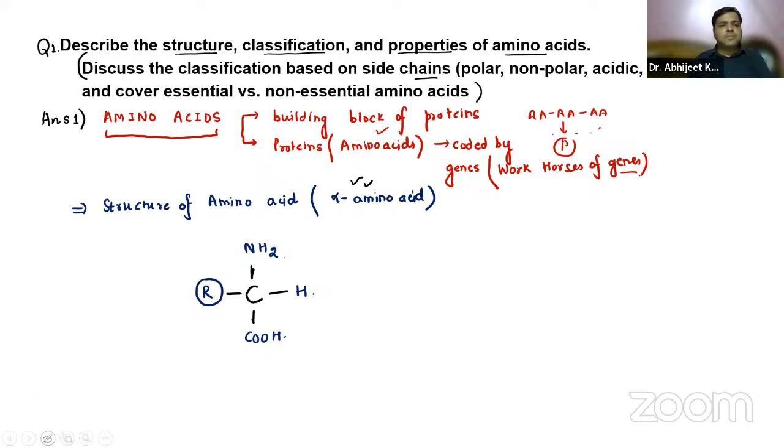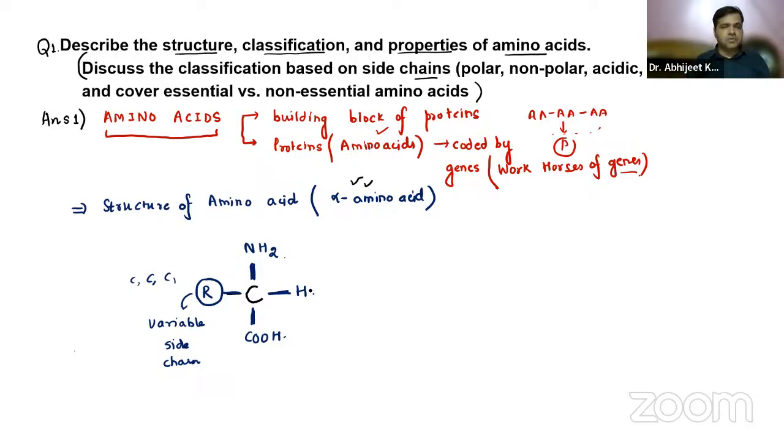This R is basically the variable side chain. It refers to the number of carbon atoms. It can be 1, 2, 3. It can be many carbon atoms. So this valency is different. Above we have amino group. Below we have this carboxylic acid group, and one we have this H, that is the hydrogen group, right?